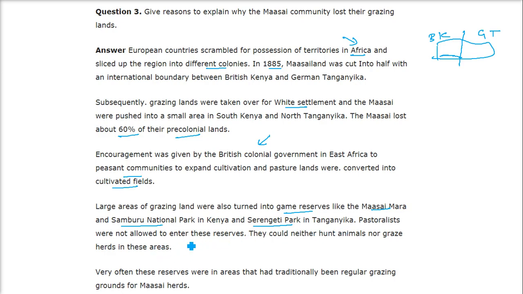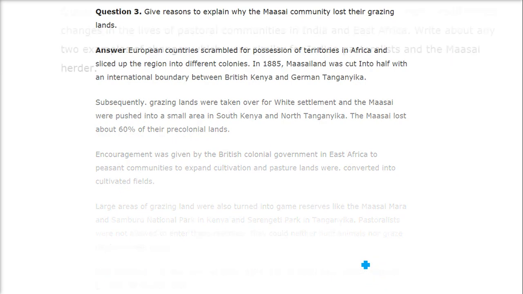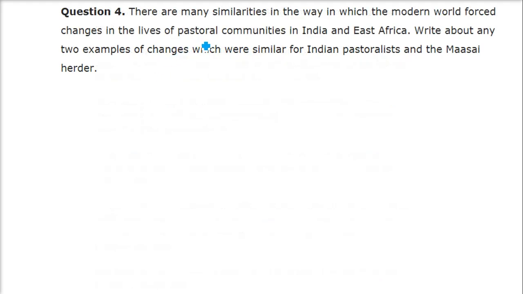Pastoralists were not allowed to enter these reserves which belonged to them. They were not allowed to hunt animals or graze herds in these areas, which again belonged to them, right? Very often these reserves were in areas that had traditionally been regular grazing grounds for the Maasai herds.